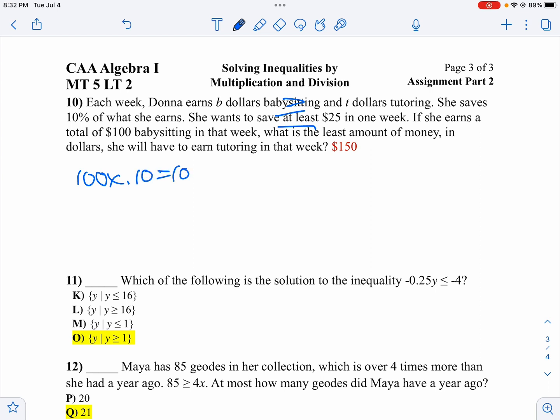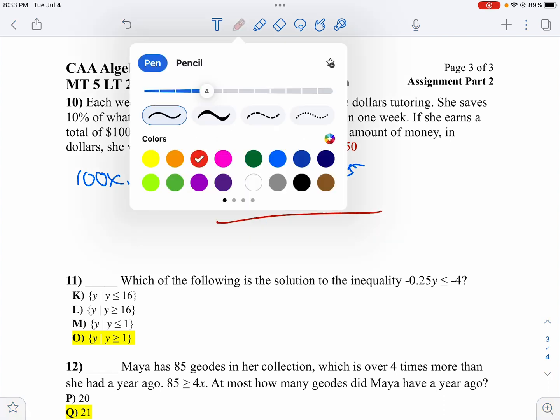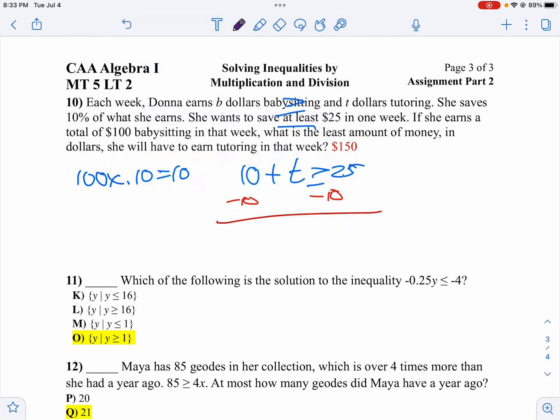So she's going to save $10 from babysitting, plus T dollars from tutoring, and I want that to be at least $25 in a week, so greater than or equal to 25. So if I subtract 10 from both sides, T is greater than or equal to 15.